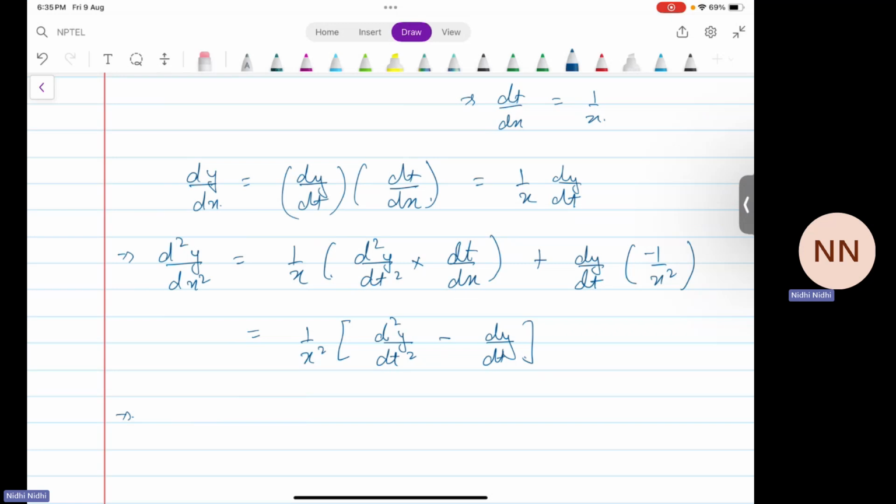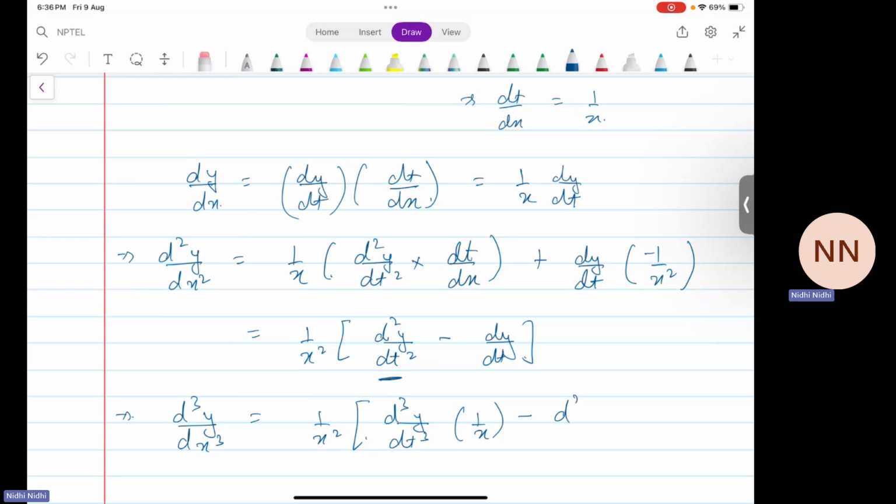This gives us, again we'll be using the product rule, 1 by x square as it is. Now derivative of this term with respect to x will give d3y by dt cube times dt by dx, which is 1 by x, minus derivative of dy by dt with respect to x.